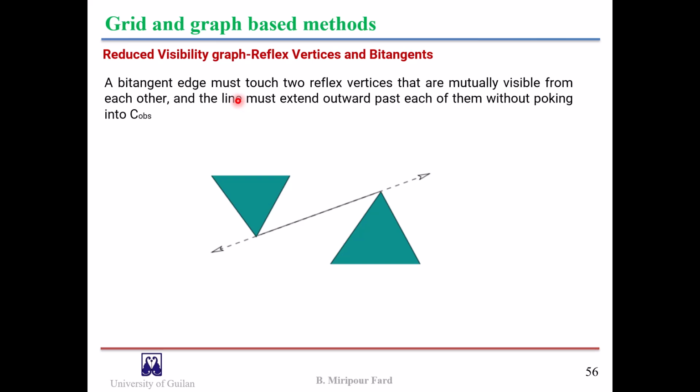A bitangent edge must touch 2 reflex vertices that are mutually visible from each other, and the line must extend outward past each of them without poking into C obstacle.